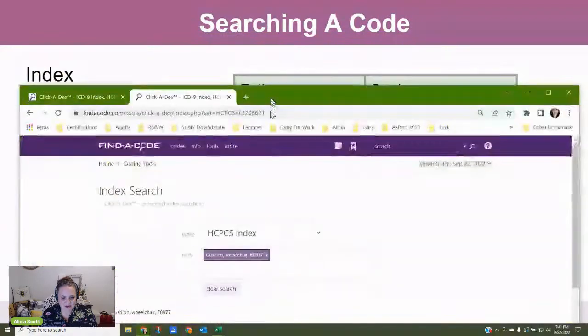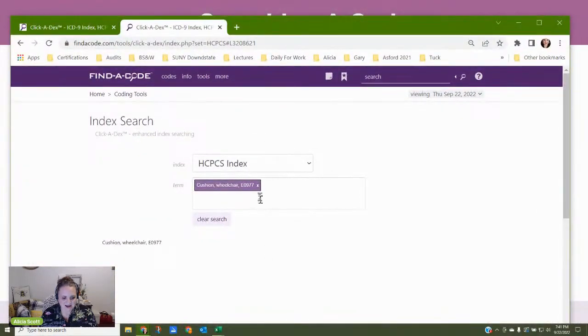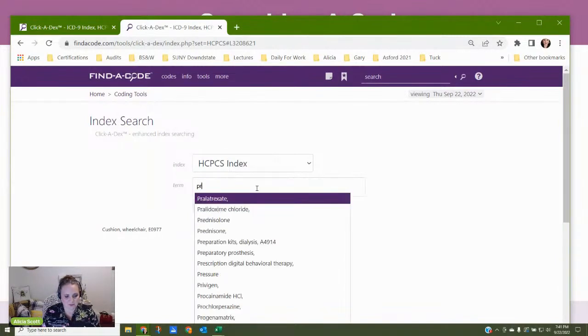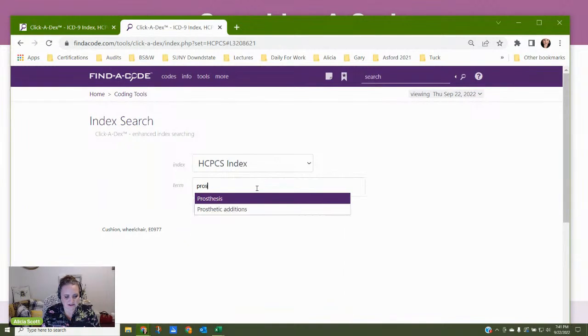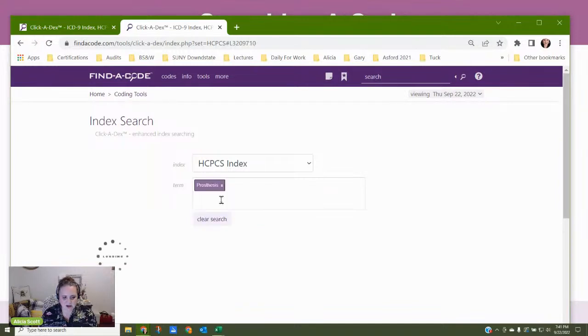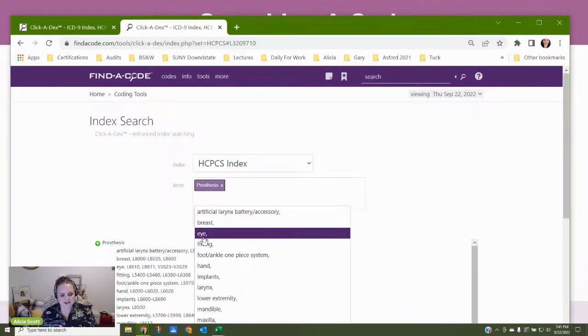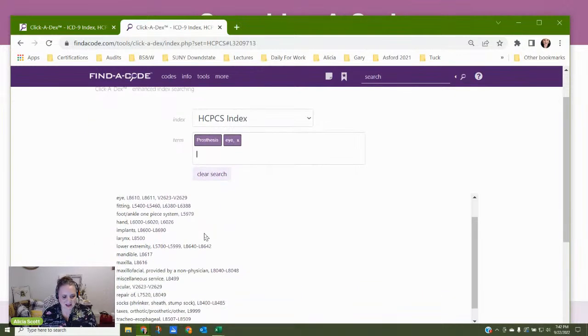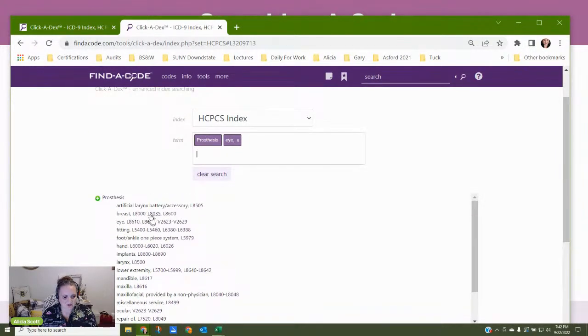Let's see. What was the other thing? Prosthetic eye. I just made that up, so I'm not sure how this is going to work. Prosthesis. Prosthetic additions. I think, oh, there. Prosthesis. Eye. Then it gives me all these. Fitting. No, wait. I right here. L861011 and then V codes.